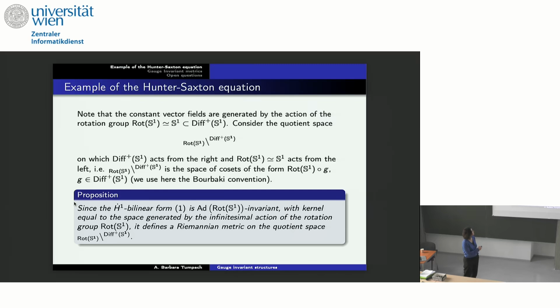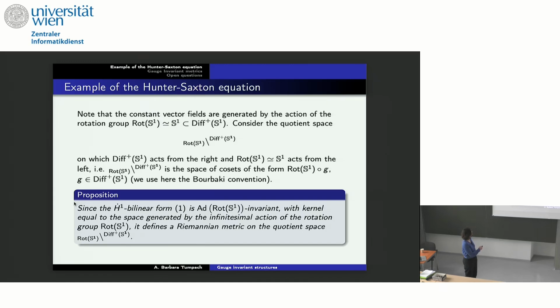Because the bilinear pairing that we have, the H1 dot bilinear pairing, is invariant by adjoint action of the small group. And the kernel of this pairing is exactly the space generated by infinitesimal action of the small group. It defines the Riemannian metric on the quotient space.